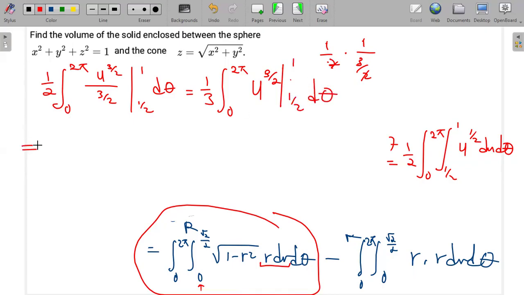So what I get there is 1 over 3, 0 to 2 pi. Now I'm just going to substitute. If I substitute 1 into this, I just get 1 minus, and if I substitute half, I get half to the power 3 over 2.